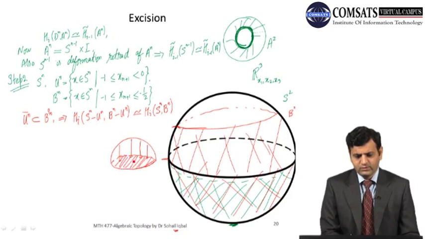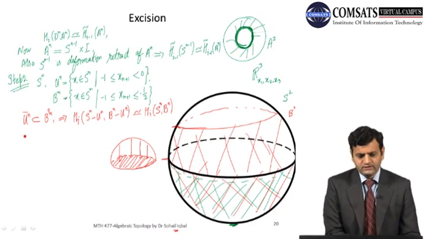Okay, so this will be a homeomorphism, and the same is the case in higher dimensional cases. So we can say that Sn minus Un is homeomorphic to Dn.